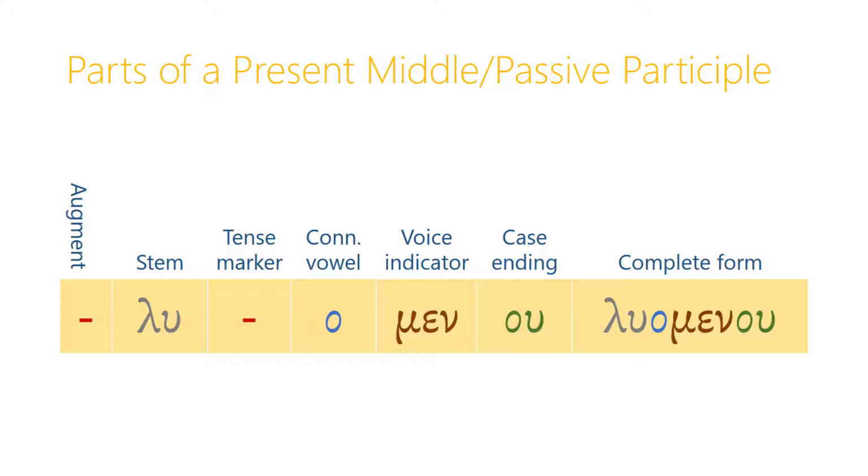So now instead of nu tau, or sigma for the feminine, we're going to use men for all genders, and then add on a case ending. And I've got the genitive here to remind us that when we move to the middle or passive, instead of using third declension endings for the masculine and neuter, we shift to second declension endings after men.